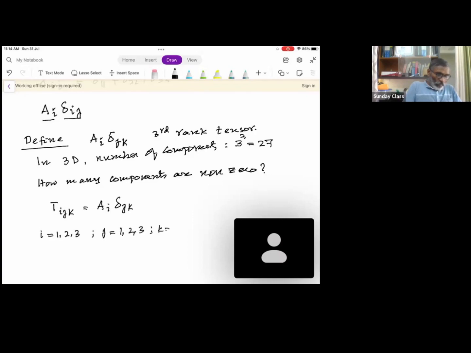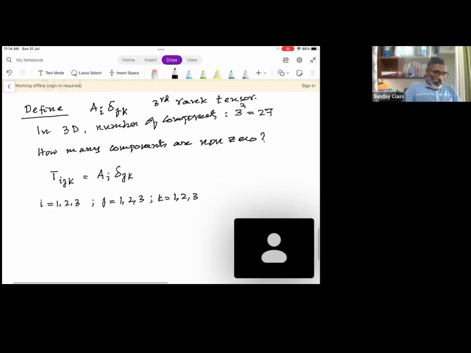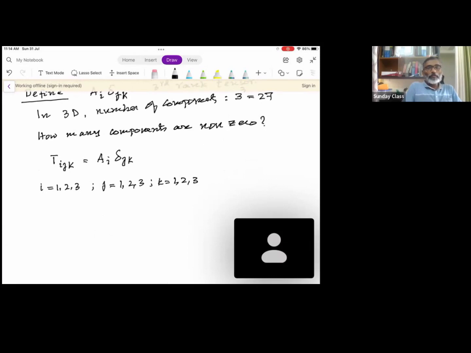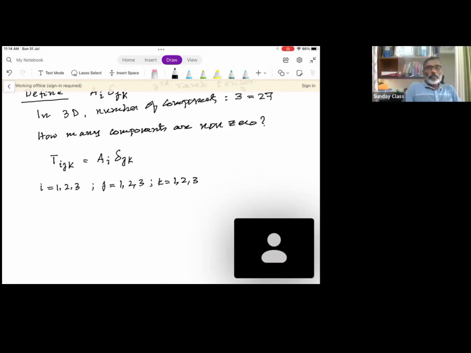K can take values 1 to 3. Agree? So 9 components will be non-zero. Tell me how the 9 components are non-zero.